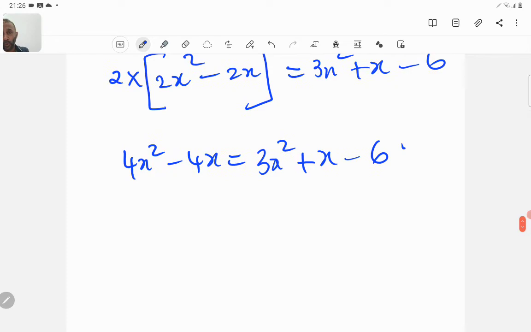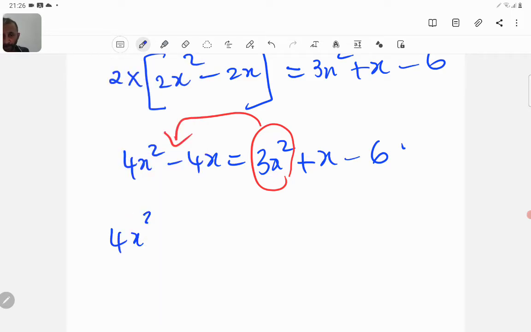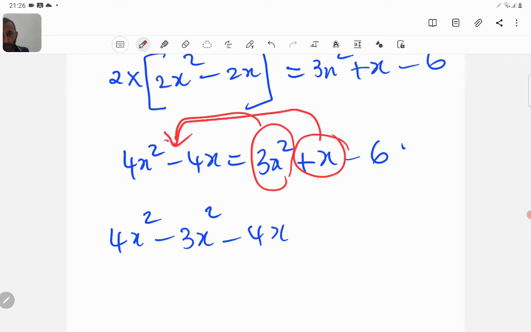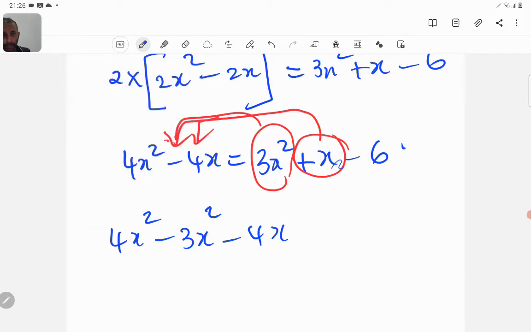Now what we will do is move this to the other side of the equation. So 4x² − 3x², then − 4x, and then I will move this to the other side of the equation as well. This + x will become − x.